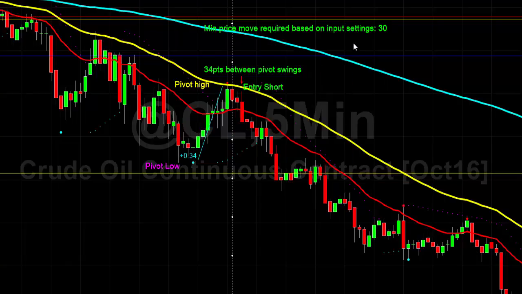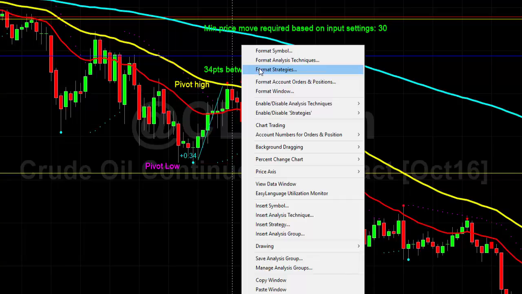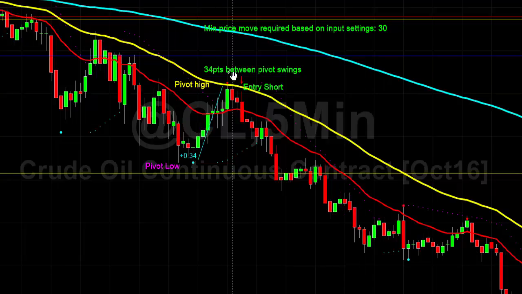One thing to be a little careful of is that with your pivots, you don't want your right strength pivot to be too high a setting. I probably wouldn't have it any more than 10, because it's going to delay you getting into the trade. Keep your right strength pivot a little bit lower, so you can get into the trades a lot quicker.